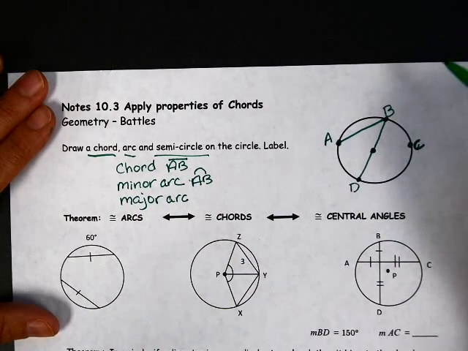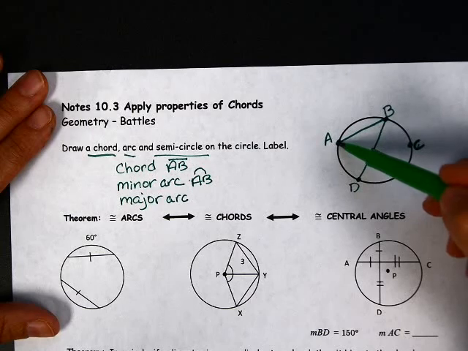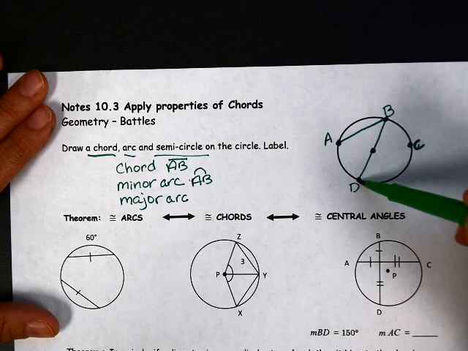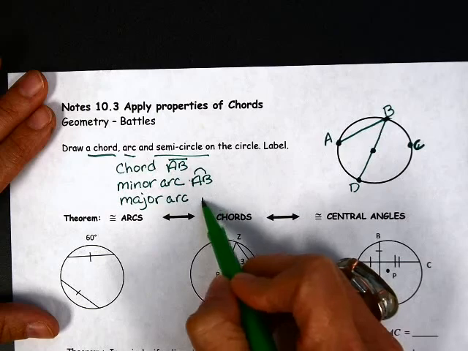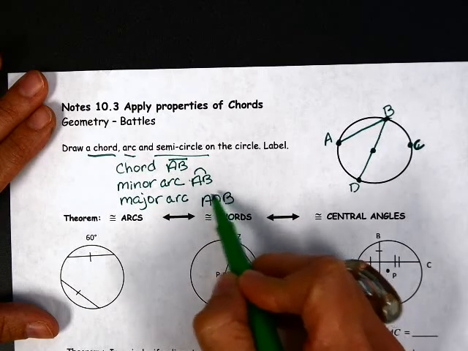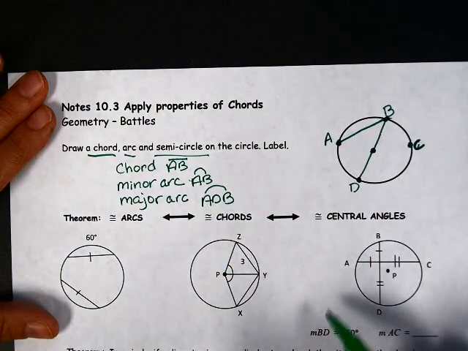Well, and you need to use three letters also. If we start at point A, we can go to point D and then on around to point B. That would be considered a major arc, A, D, B, because it's over half of the circle.